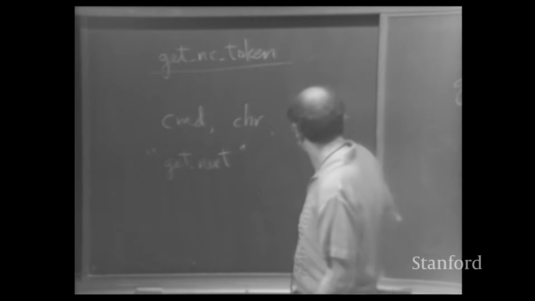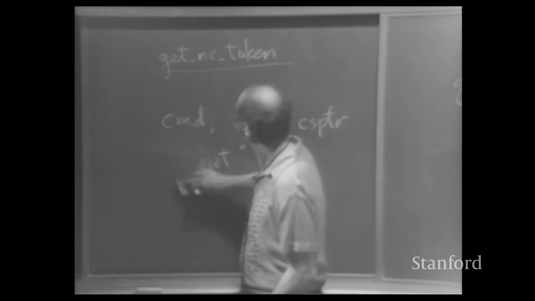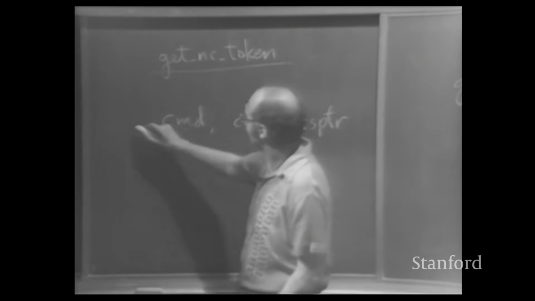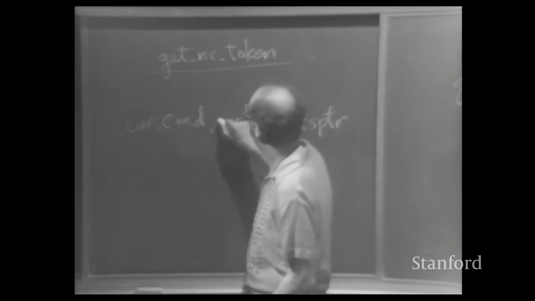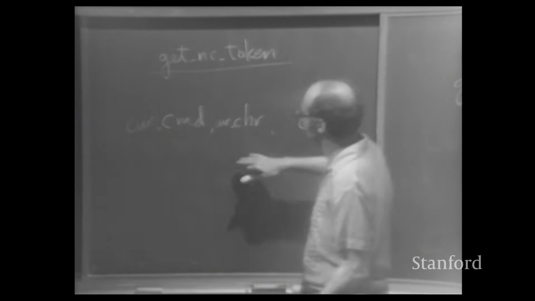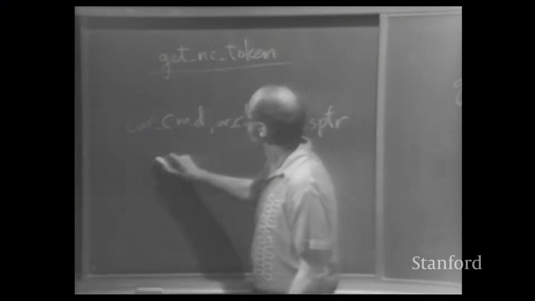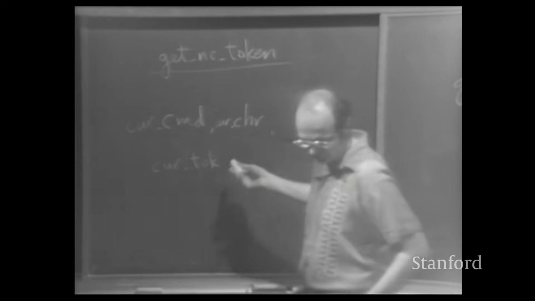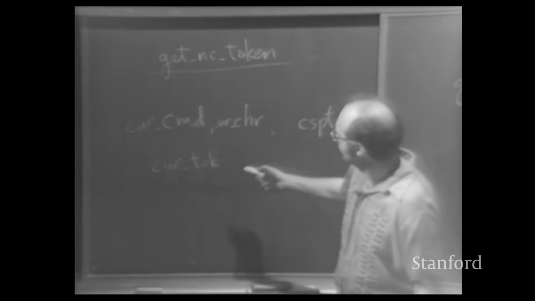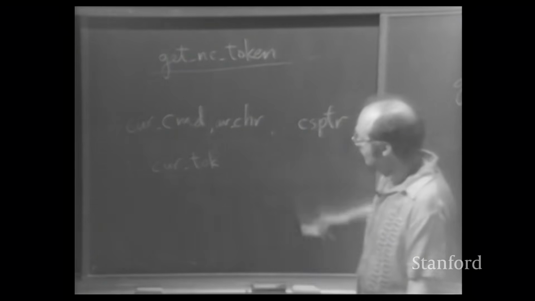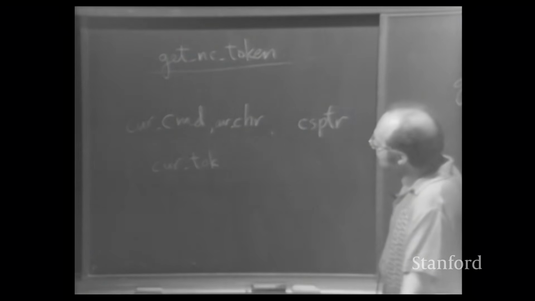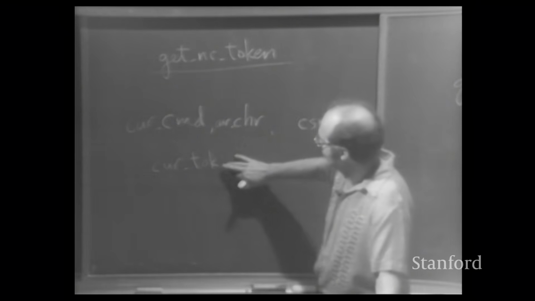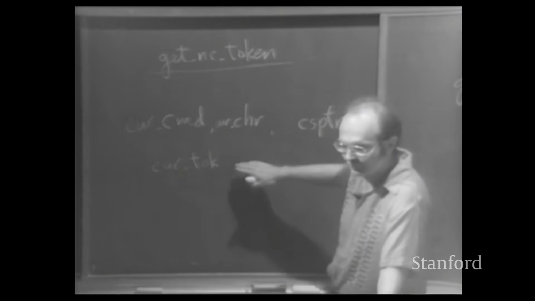Furthermore, get NC token sets, besides cur command and cur char, which are the variables that getNext sends, it sets cur tok, which is a token, a half-word representation of the command and char and CS pointer, so that you can have one variable that stands for all of the others in a packed form.